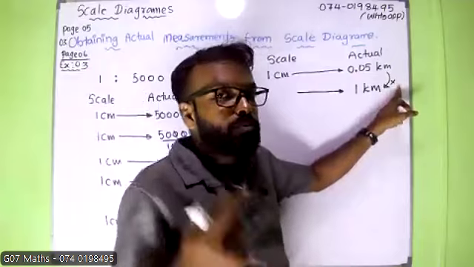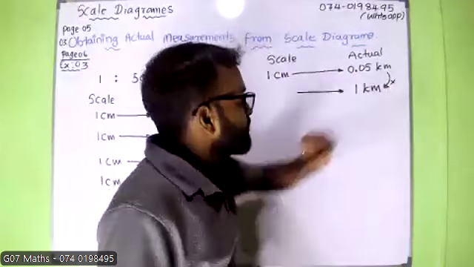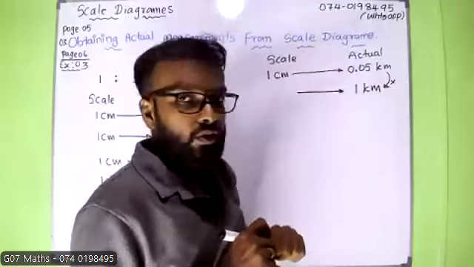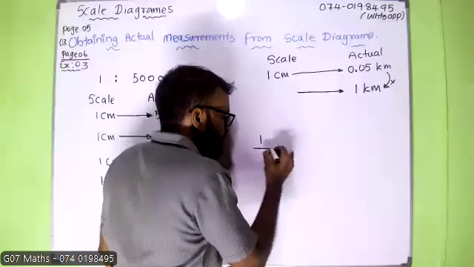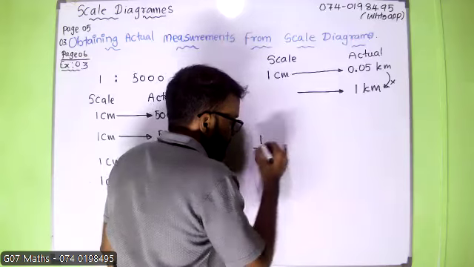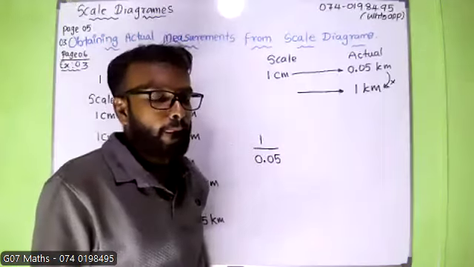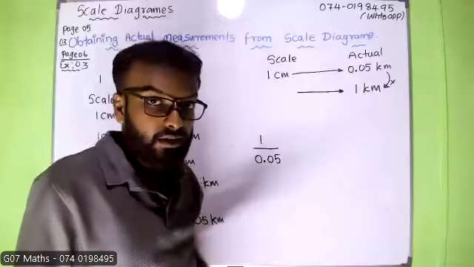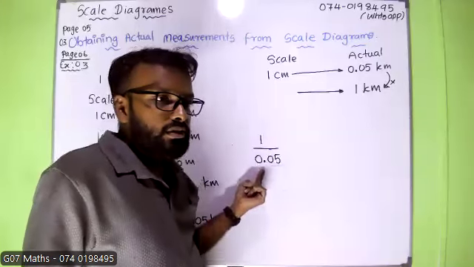It never comes to the mind at once. In those situations, you are going to divide 1 by 0.05. I am going to divide 1 by 0.05. These things have been done before.